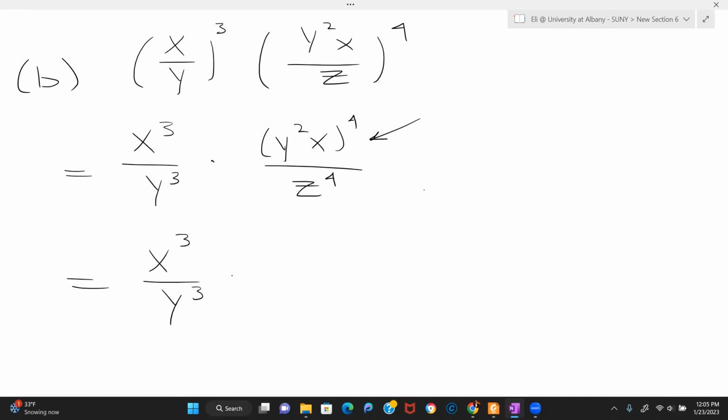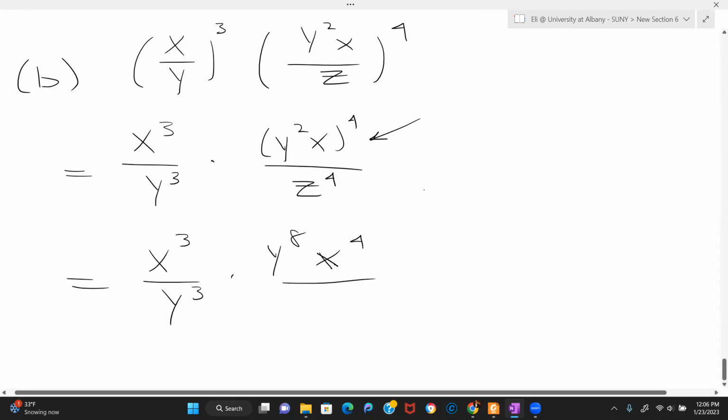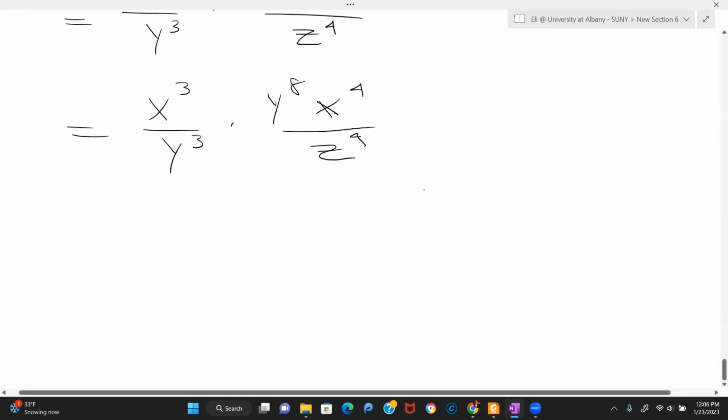I have this product, so I raise each factor in the product to the fourth power. So y squared to the fourth power, I'm just going to multiply those powers together to get 8. And then x to the fourth over z to the fourth.